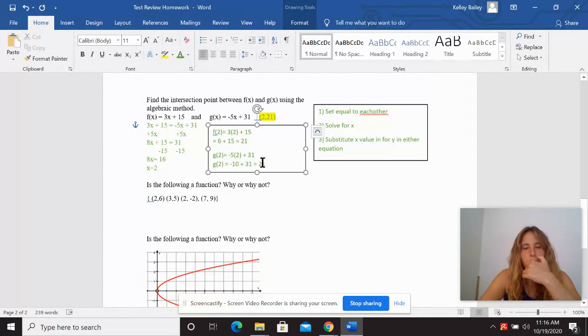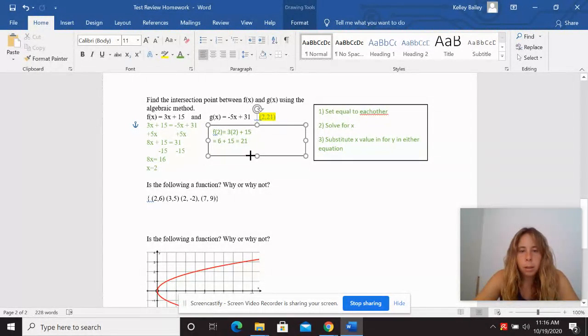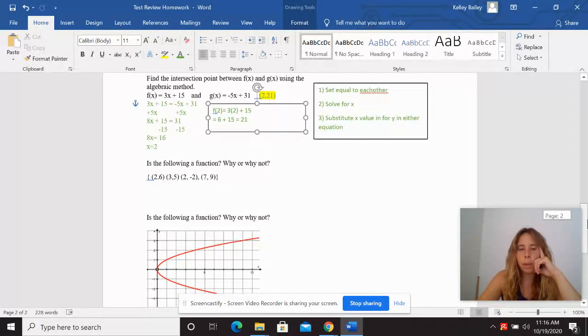Okay, so you get the same thing because they're equal to each other at that point. All right. I'm going to get rid of that because it'll confuse other people. There you go. Okay. Perfect. So that one's done. That's our intersection point, 2, 21.